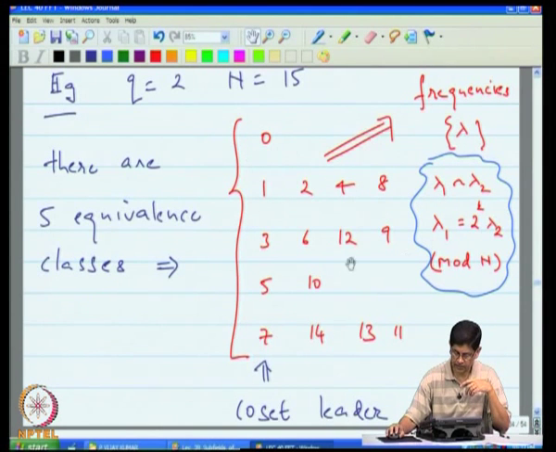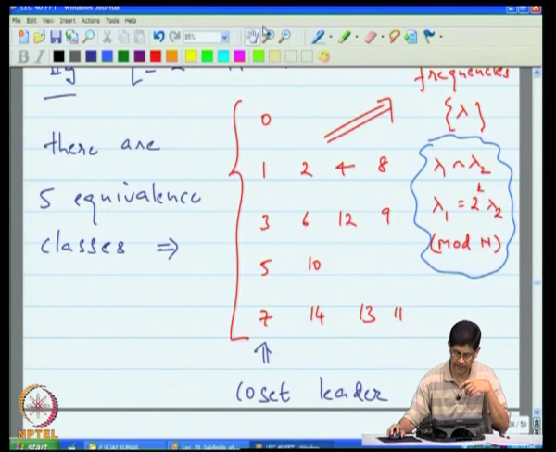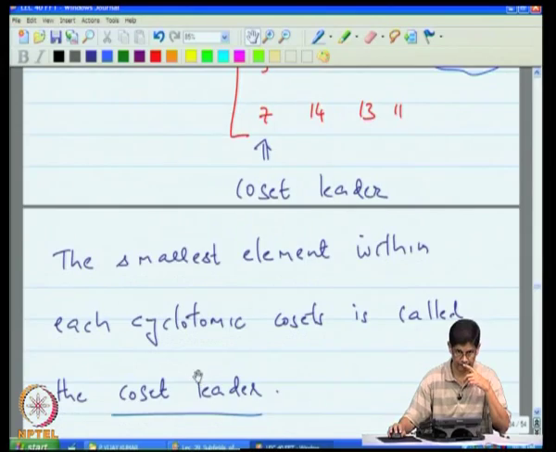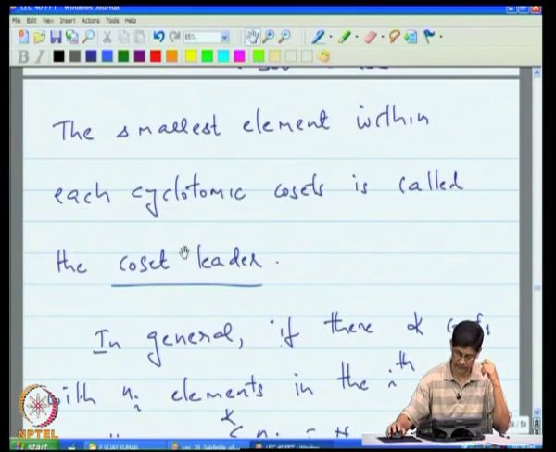So, anyway, these are the 5 cyclotomic cosets, and the convention is that when you have a cyclotomic coset, the smallest element, okay, the smallest representative in each of the cyclotomic cosets is called the coset leader. So, each row is a cyclotomic coset and the smallest element is the first, that is how it is conventionally written. So, these are the various coset leaders. Okay. So, that is just mentioned here.